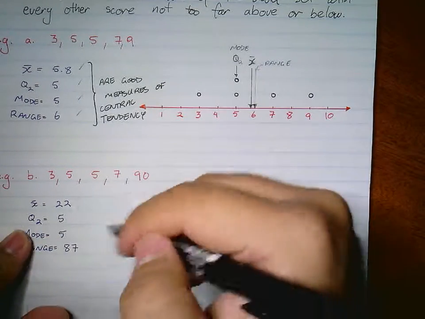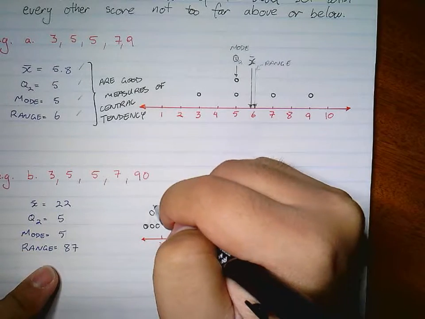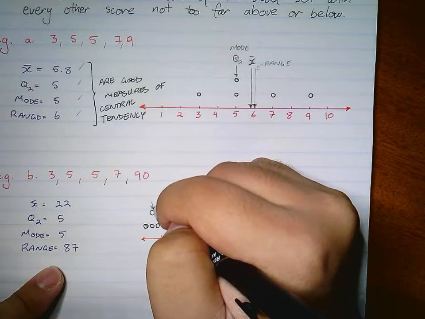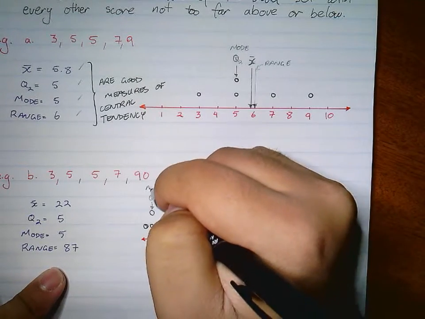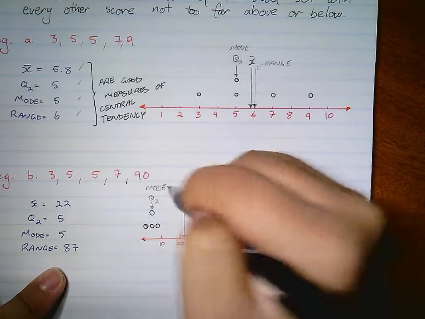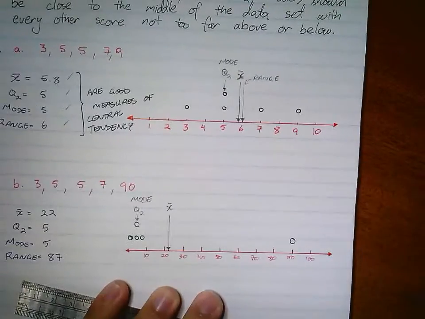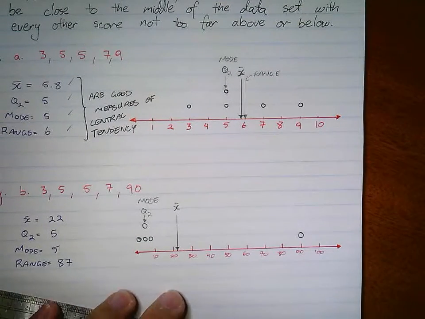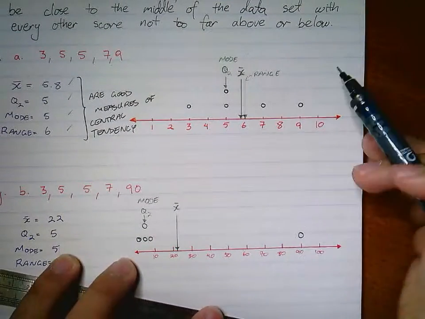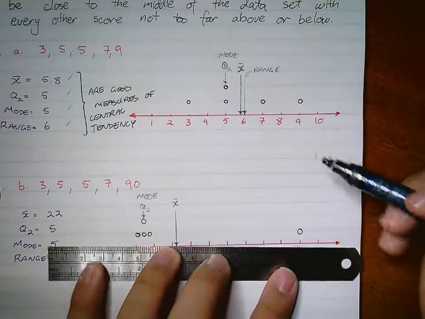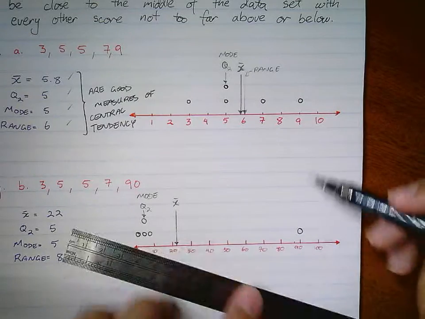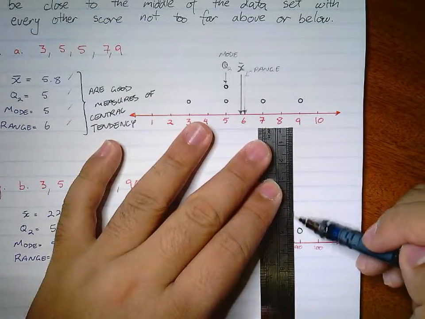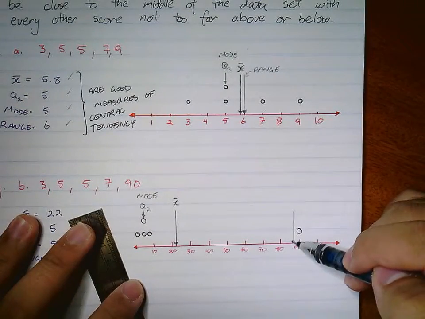Our mode and our median are still the same. So here they are. Sorry, we'll start with the median and the mode. And finally, the range is all the way up here at 87. So that's 80, 85, 87 is about there. And there is our range.